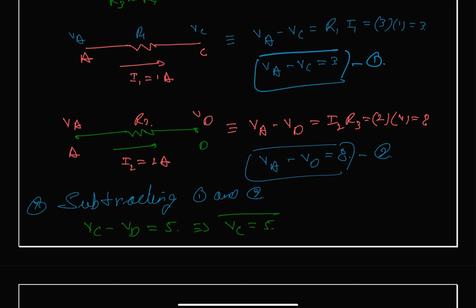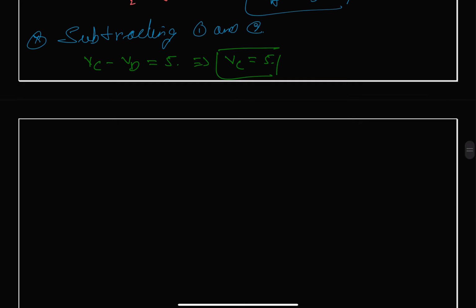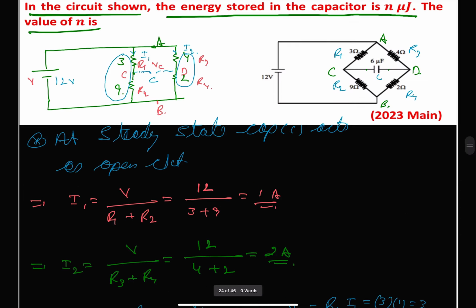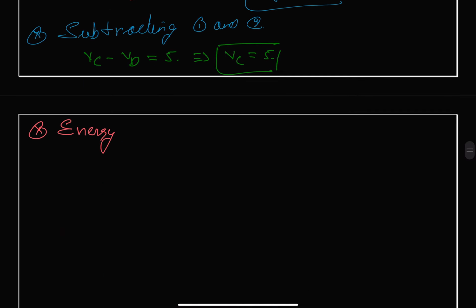Now we can just find out the energy stored in the capacitor C, which, let us suppose is U, it will be equal to half CV square.